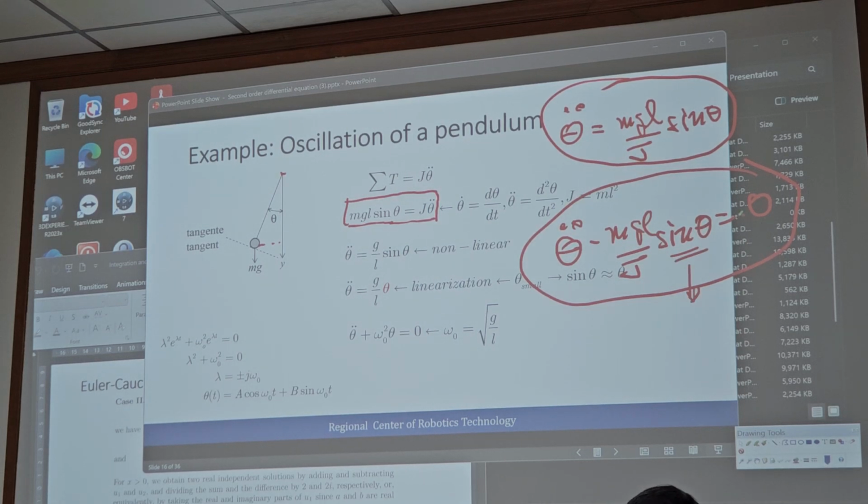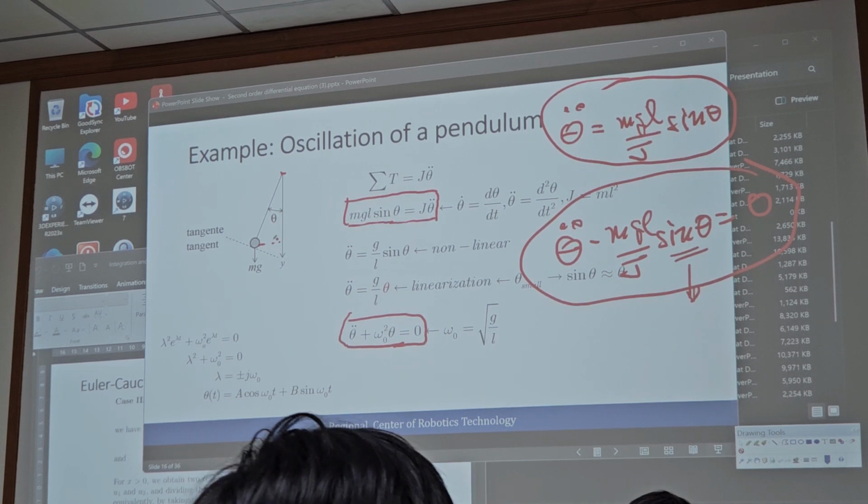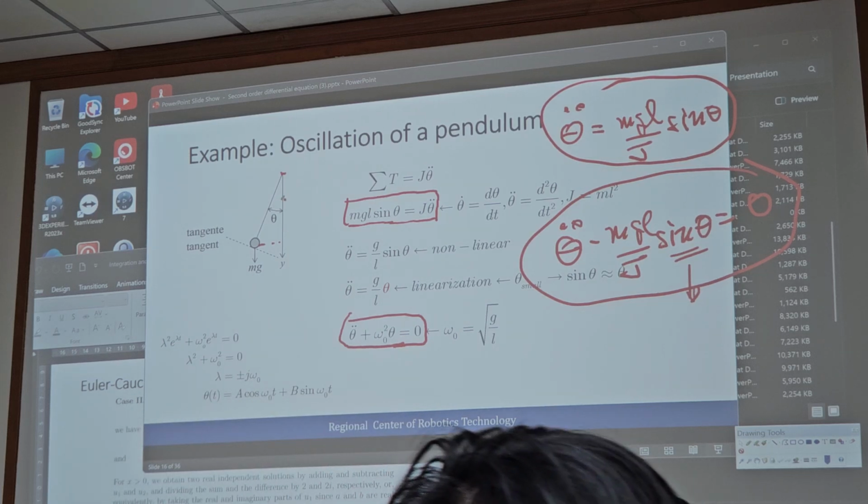You can approximate. Let's see, you can write in this form. Let me show you. If I lighten this one, it will be like this, it means theta will be this one. If you move this one, theta will be this one.